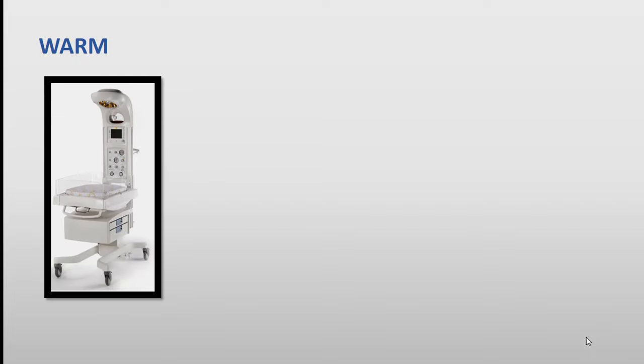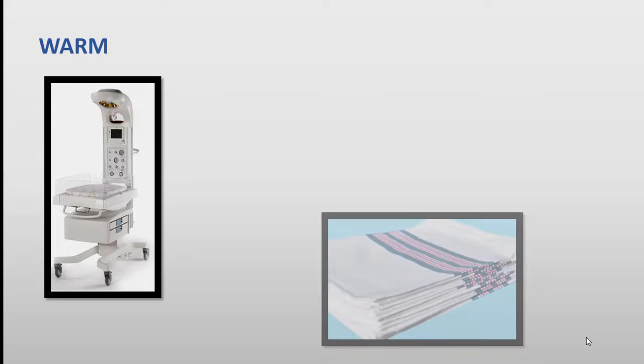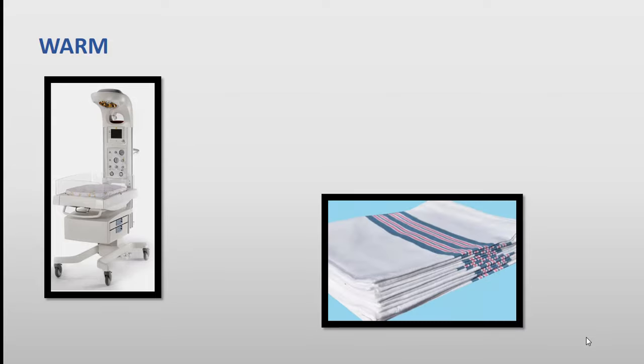So first, we're going to focus on how we warm the baby. Of course, we have the giraffes in the emergency department. We need blankets. We need the blankets not just to warm the baby, but also to dry the baby off, and we need to remove the blankets whenever they are dampened or wet.